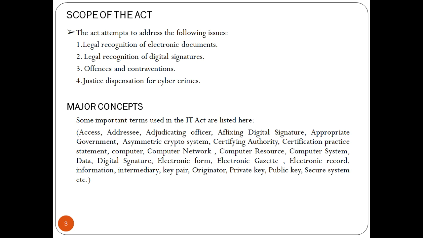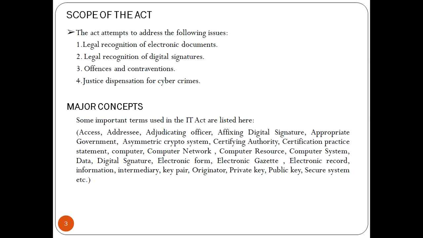So third one, offenses and contraventions. The contravention means where someone will be deviating from the rule set made by a government. And the fourth one, justice dispensation system for cybercrimes means we should provide justice to the victims of the cyber crimes.